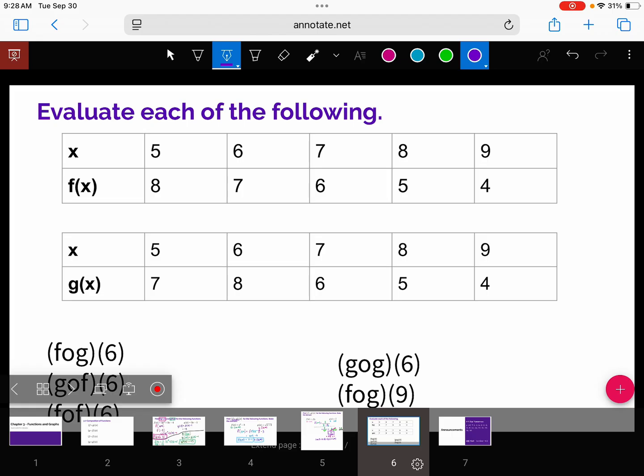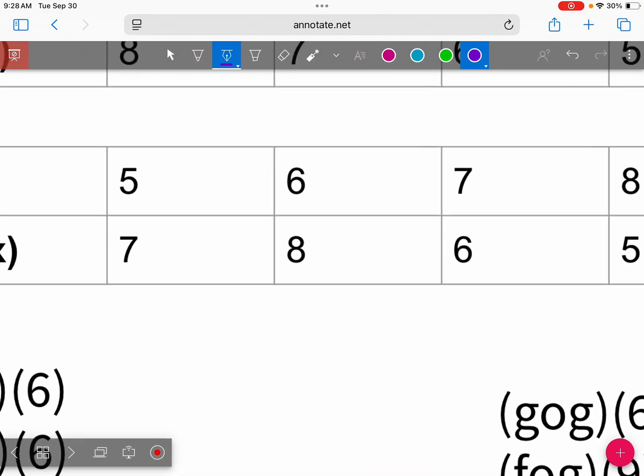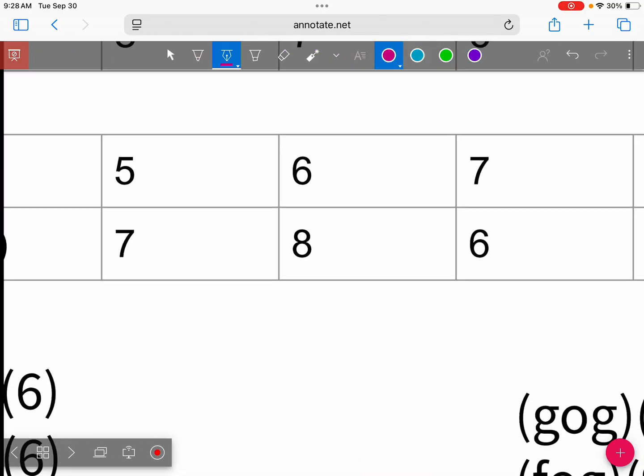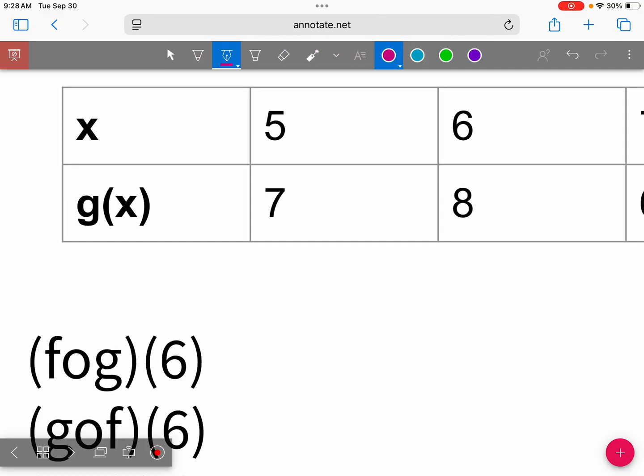All right. So we've got our f of x and our g of x on the bottom table. And the first thing we are asked to figure out is our f of g of 6.